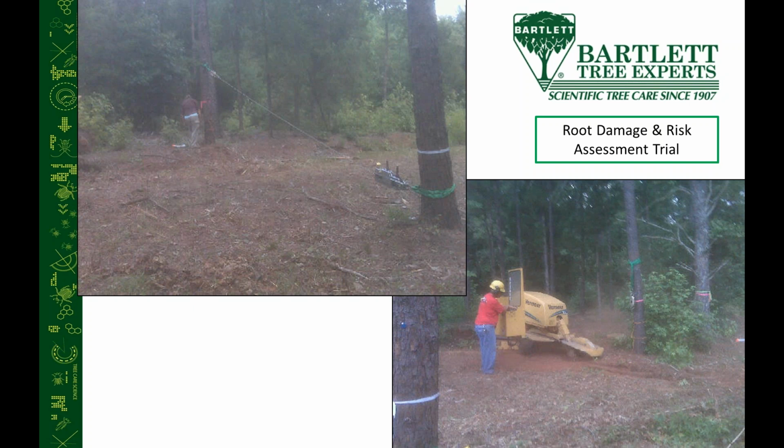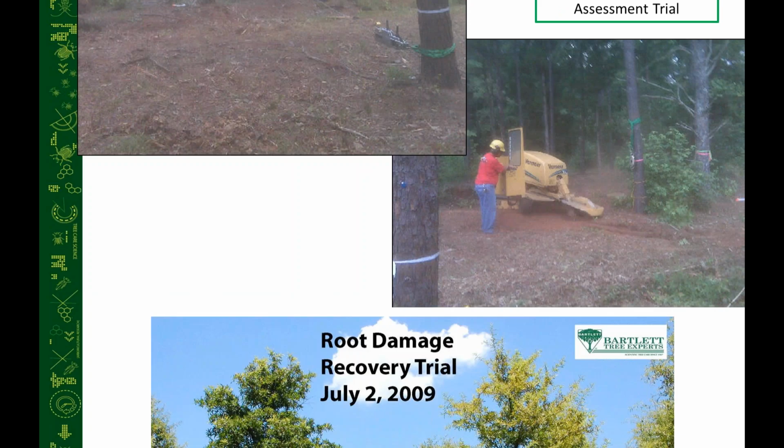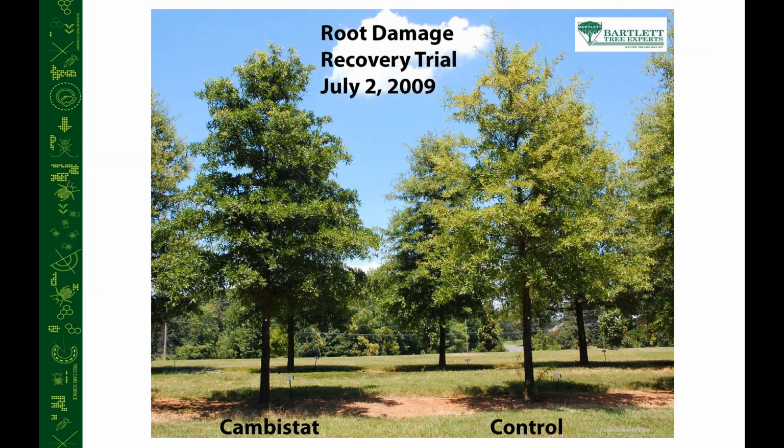We have a bunch of trees, all of which have had half of the root systems completely severed. This research dovetailed into another piece of research, again by Dr. Tom Smiley, on how we could best help a tree recover from a dramatic root loss.